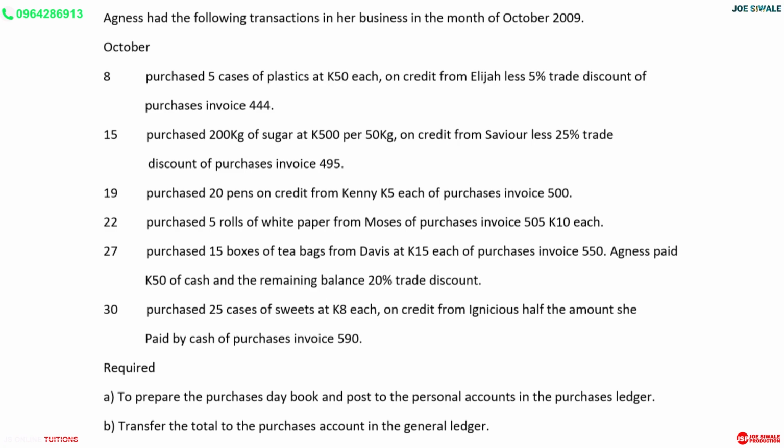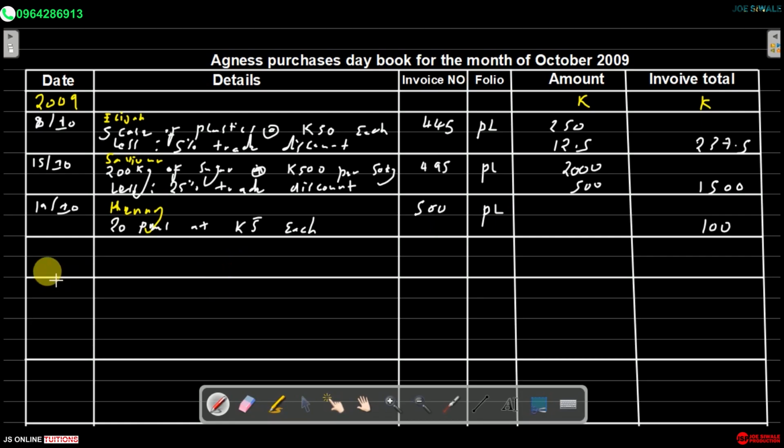So let us record that transaction. So to record that transaction, we're going to say 22nd of October, and we're going to write down the name of the supplier, that's Moses, and our description there, we can say 5 rolls of white paper at 10 kwacha each.